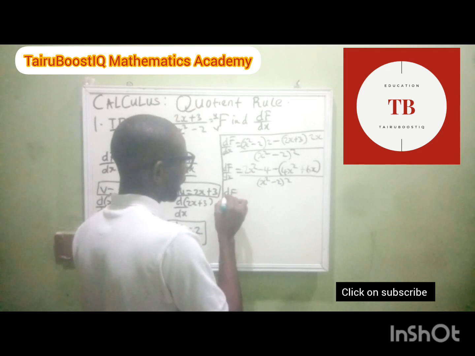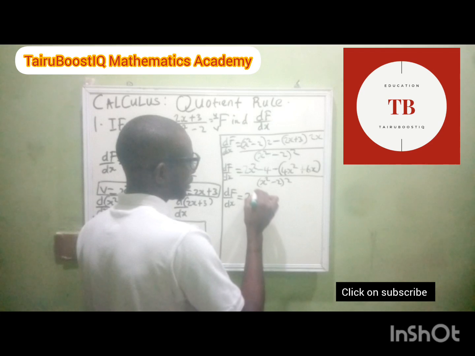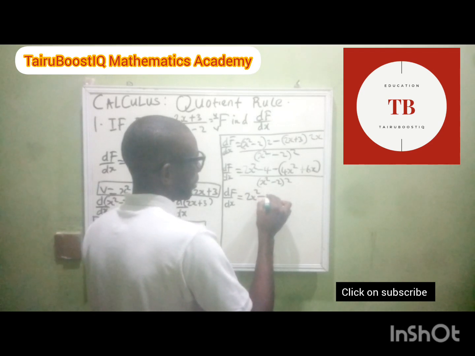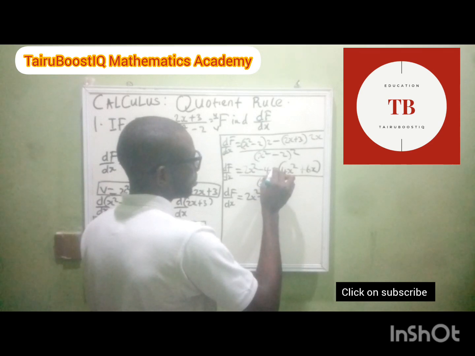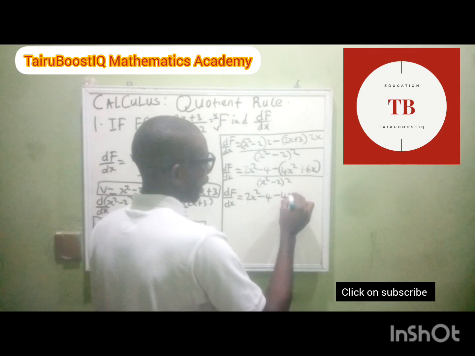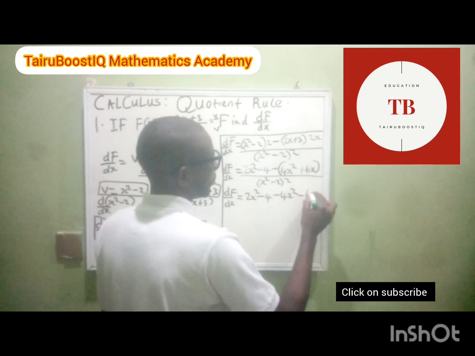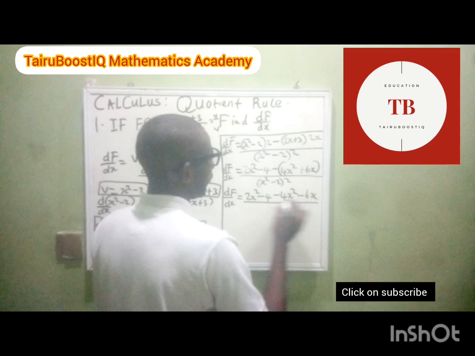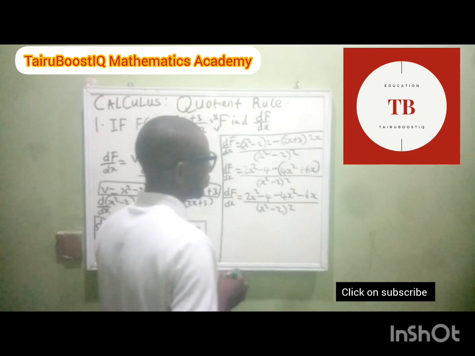Then our df over dx will be equal to 2x squared minus 4. We will now use this minus to open the bracket, and that gives us minus 4x squared, and minus times plus 6x gives us minus 6x, all over x squared minus 2 all raised to power 2.